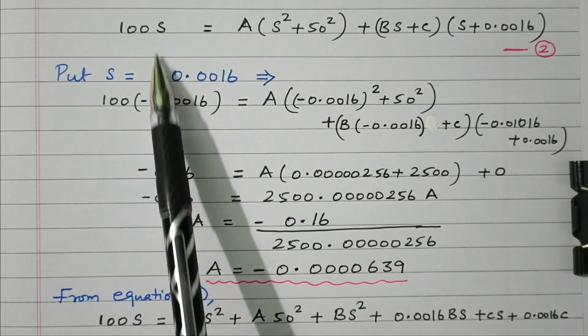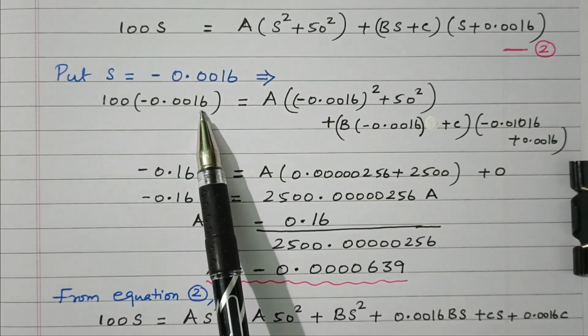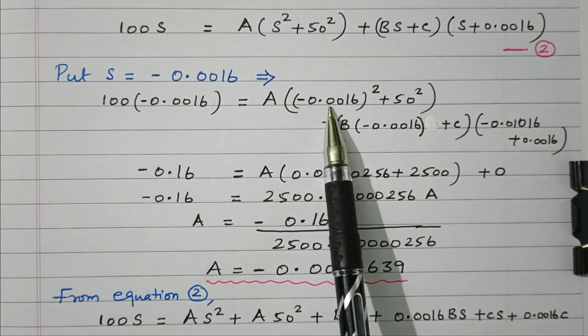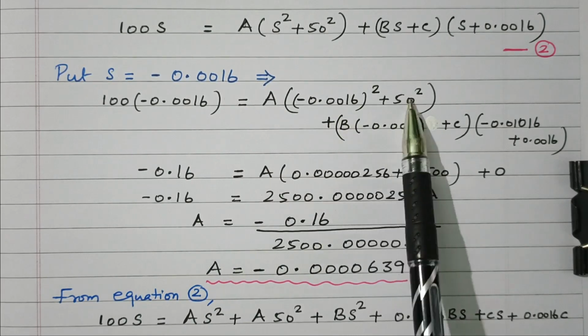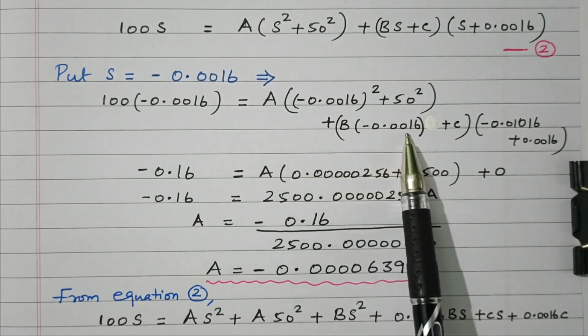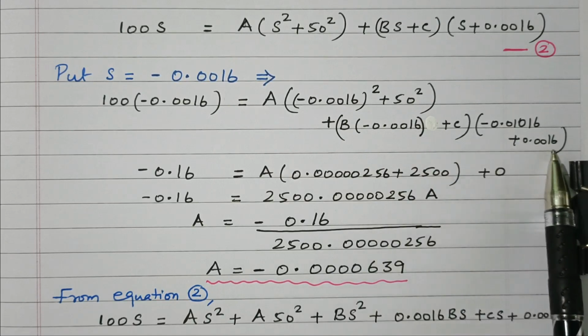So 100 into S, which is minus 0.0016, equals A into S square minus 0.0016 square plus 50 square, plus B into S minus 0.0016 S, plus C into S plus 0.0016.